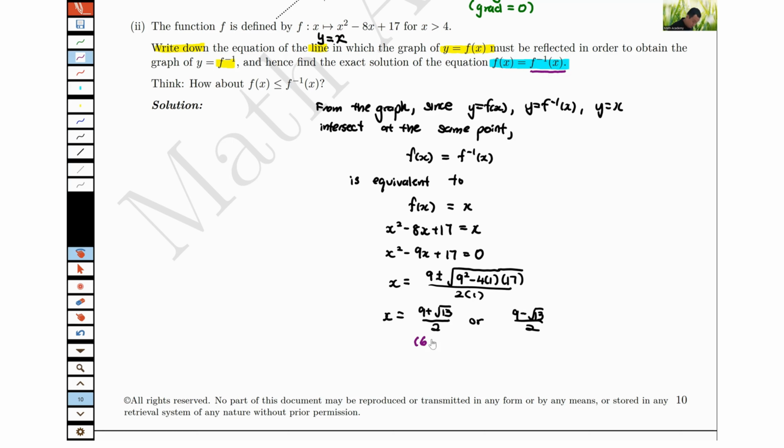Okay, let me write for you the numbers in decimals because I want to show one more value.